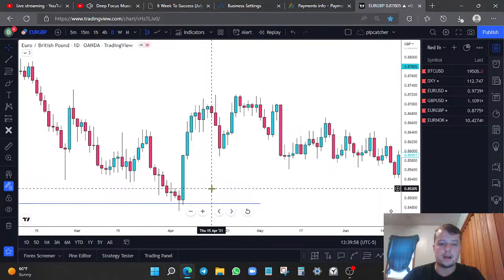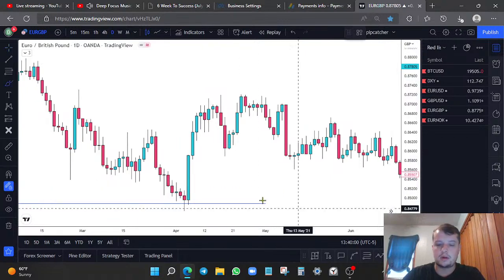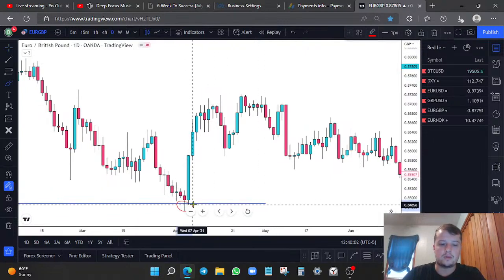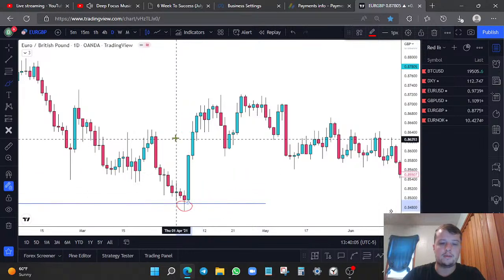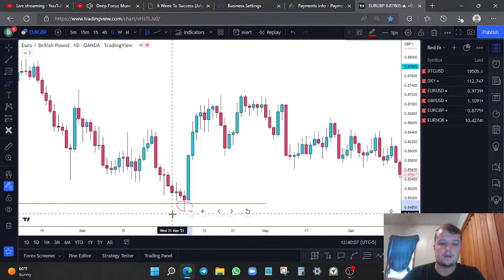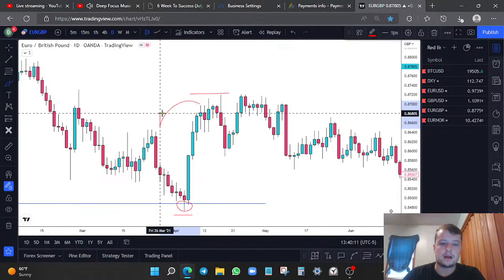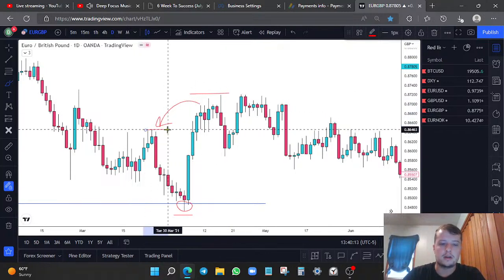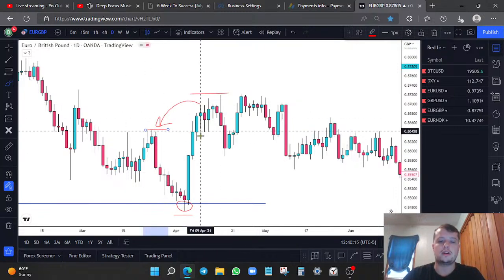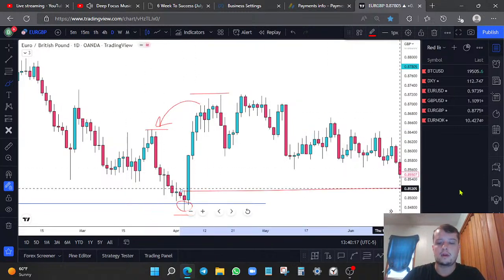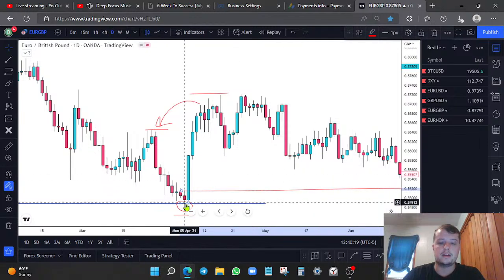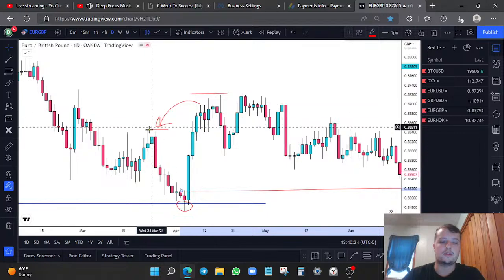From this weekly area that we see, we get a nice rejection from that area, and we have a low and then a higher high. Why? Because it's higher than the previous high. So structure had gotten broken, and then this is our last bit of selling before the broken structure.